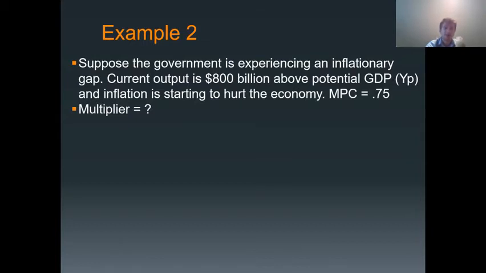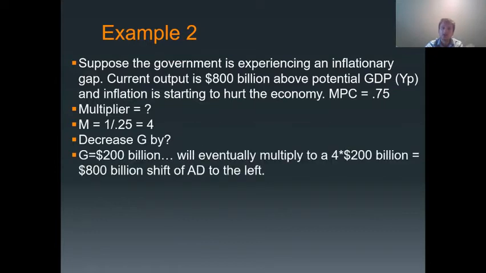So our multiplier is found by 1 over 1 minus the MPC. So 1 over 0.25 equals 4. You then take the gap, 800 billion, divide it by 4, and you get 200 billion, because 4 times 200 billion equals 800 billion. And that will shift our aggregate demand to the left by that amount.